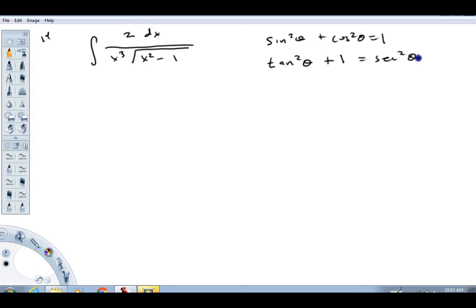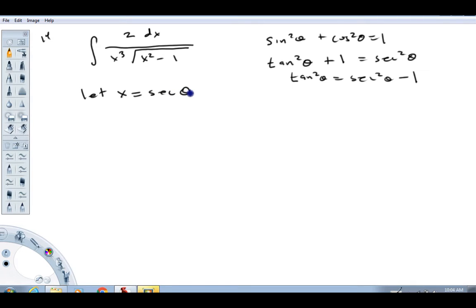And now, looking at this form, it's pretty easy to just take this 1 and move it over here. This now reads tan squared theta equals secant squared theta minus 1. And now when I compare this to this, they look pretty darn close. So I'm going to start with a substitution of let x equal secant theta.